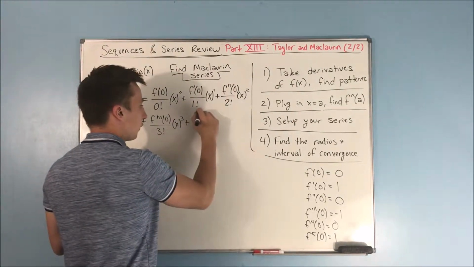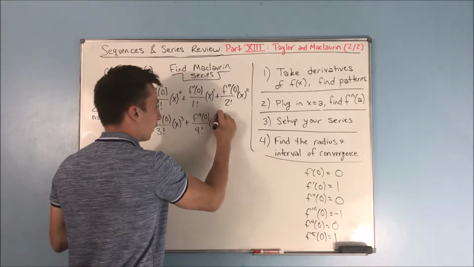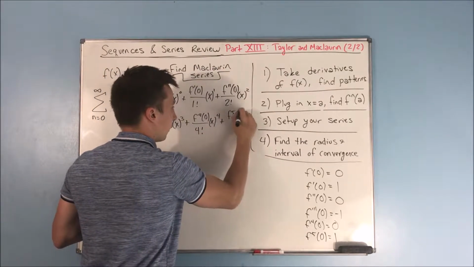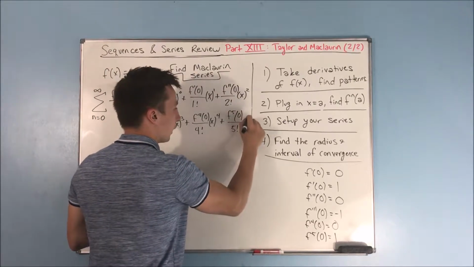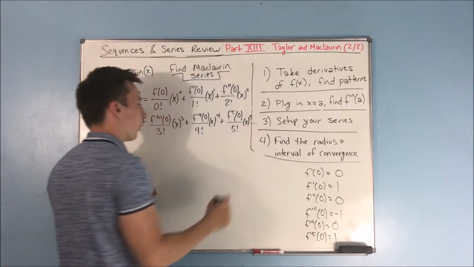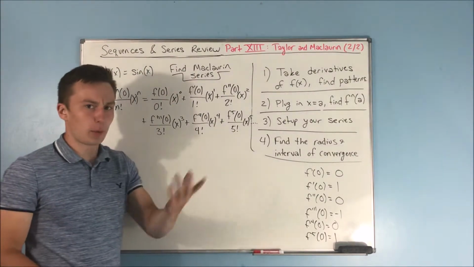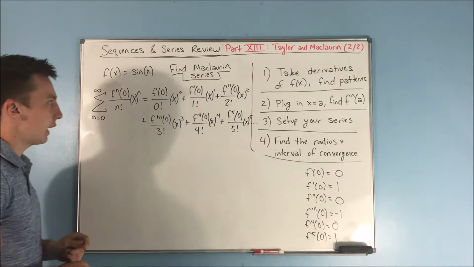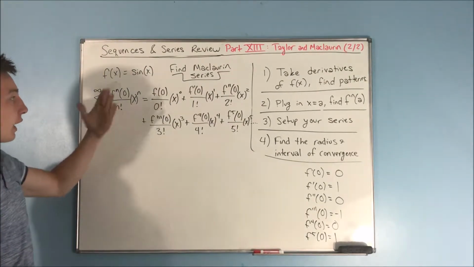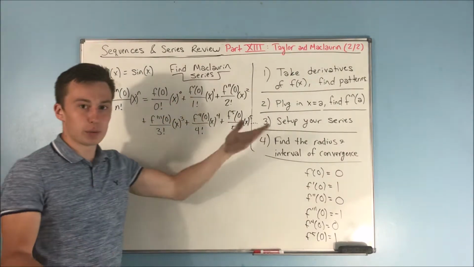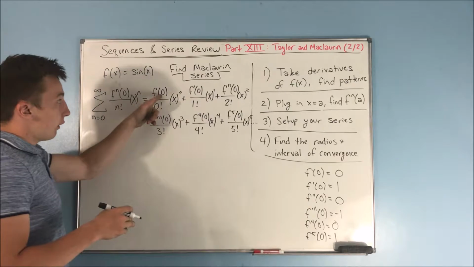Your fourth derivative over 4 factorial times x to the fourth, plus your fifth derivative at 0 over 5 factorial times x to the fifth, and that's going to go on and on. That's just writing out terms of the Maclaurin series. You can take your own time to do that if that didn't make complete sense, just plugging in n equals 0, n equals 1, n equals 2, and so on.